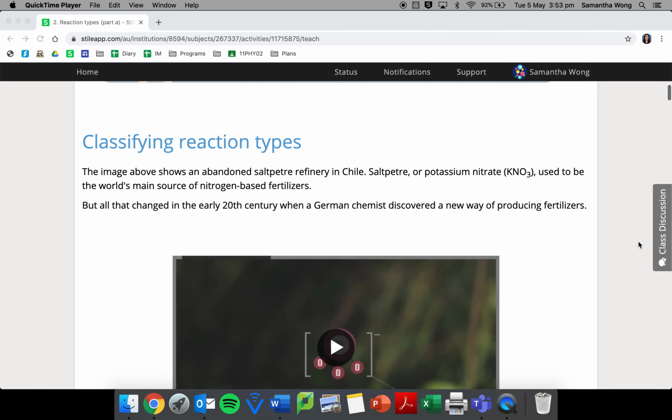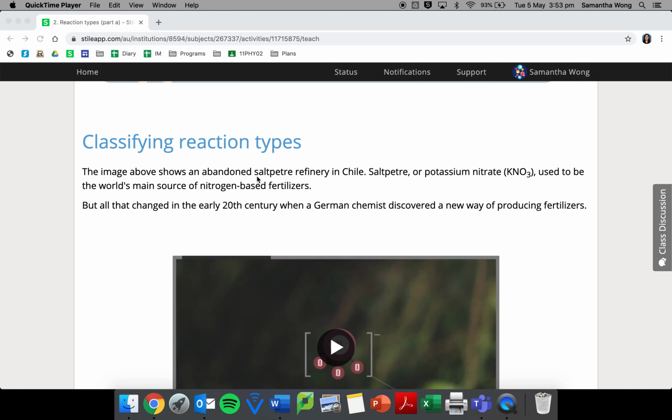So the very start of this unit talks about why do we actually classify reactions? And it starts off with a little bit of theory saying the image above shows an abandoned saltpeter refinery in Chile. Saltpeter or potassium nitrate, KNO3, used to be the world's main source of nitrogen-based fertilizers. But all of that changed in the early 20th century when a German chemist discovered a new way of producing fertilizers.